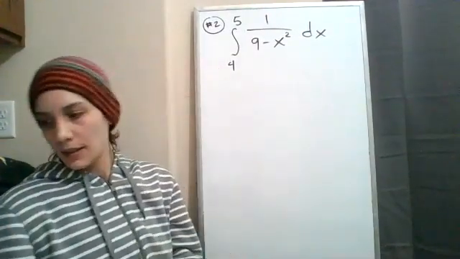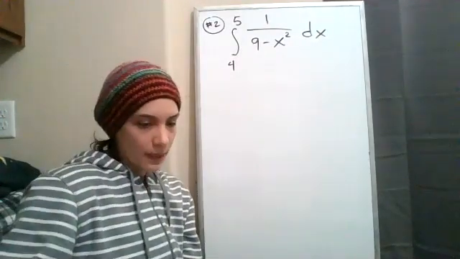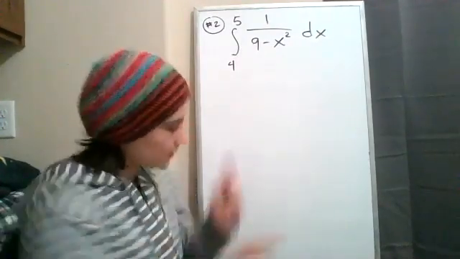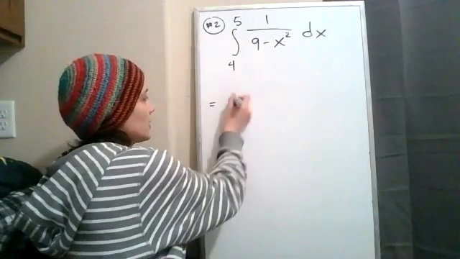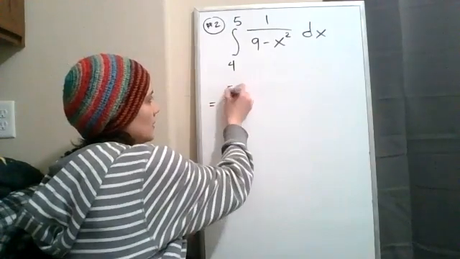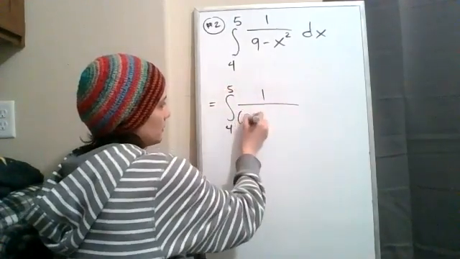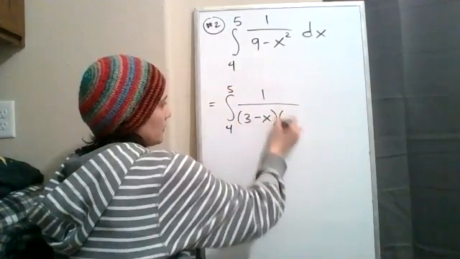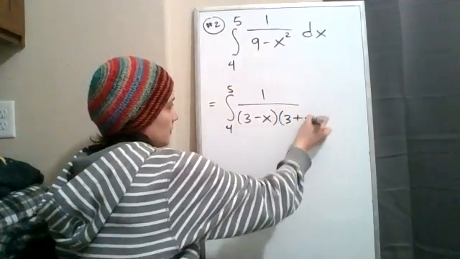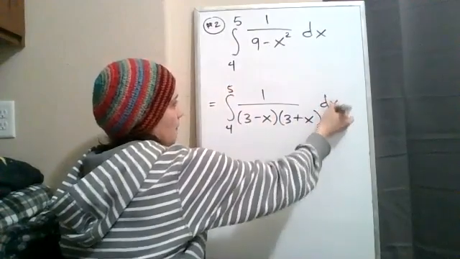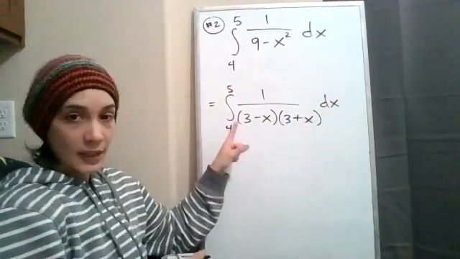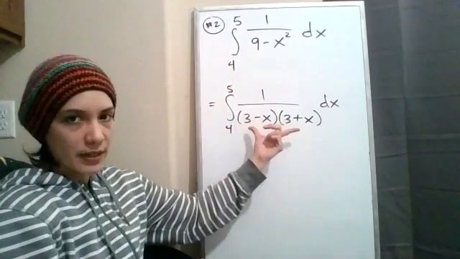And we'll factor the denominator. It's a difference of squares. And then we'll do scratch work for this part here.